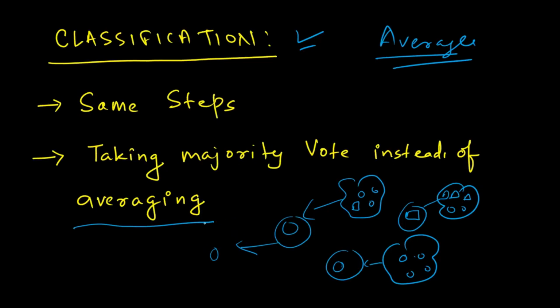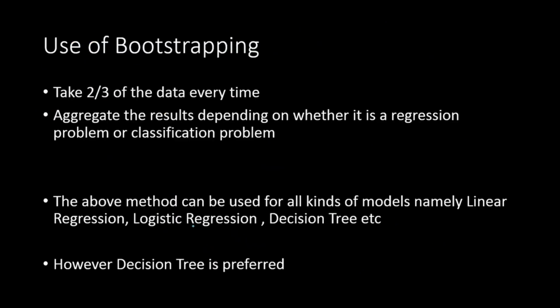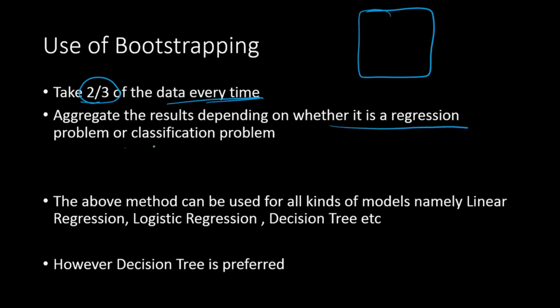You take a random sample and then fit multiple separate models for the different training sets. In reality, it is very difficult to get different samples ready at hand. You'll only get one big sample, or one population of data, all the time. So what you do is take 2/3 of the data every time, and it's not a thumb rule though, and then aggregate the result depending on whether it's a regression problem or a classification problem.